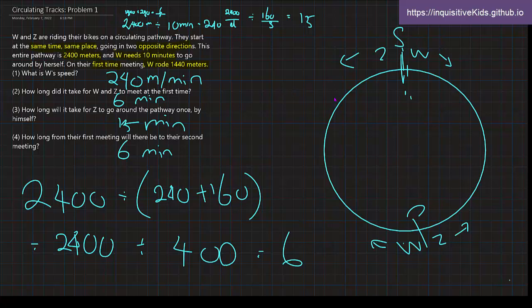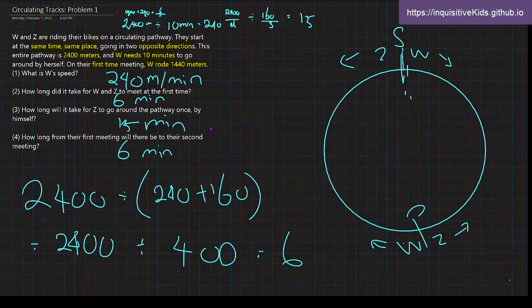So what is W's speed? We just found the distance divided by the time. How long did it take them to meet? Well, we just take the distance and the speeds and divide. How long will it take for Z to go around the pathway once by himself? We took the distance divided by the speed, but for the speed we used the distance divided by the time. Just the time was different, but their speed never changed.